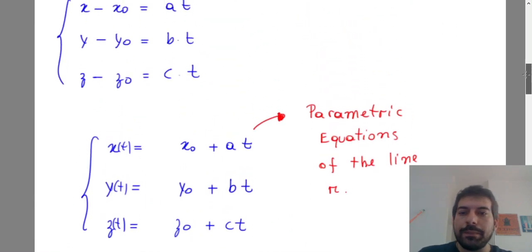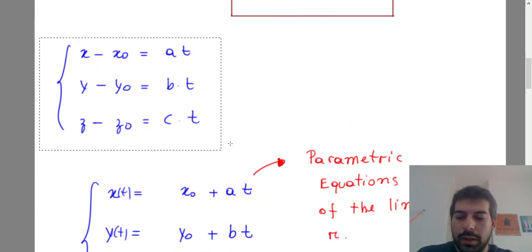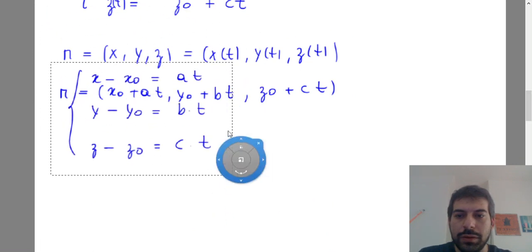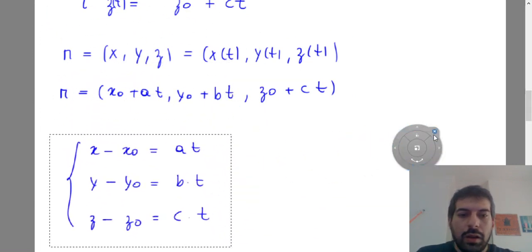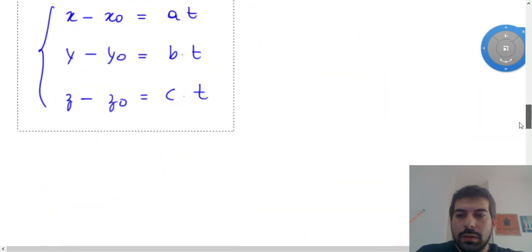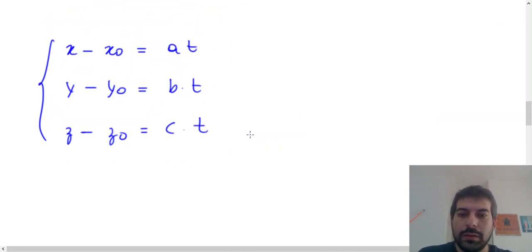And finally, look, if I take this form here, I will copy and paste and put it a little bit down here. Let's pay attention, guys. In this situation now, if you have x minus x0 being equal to at, it means that we can write t as x minus x0 divided by a.